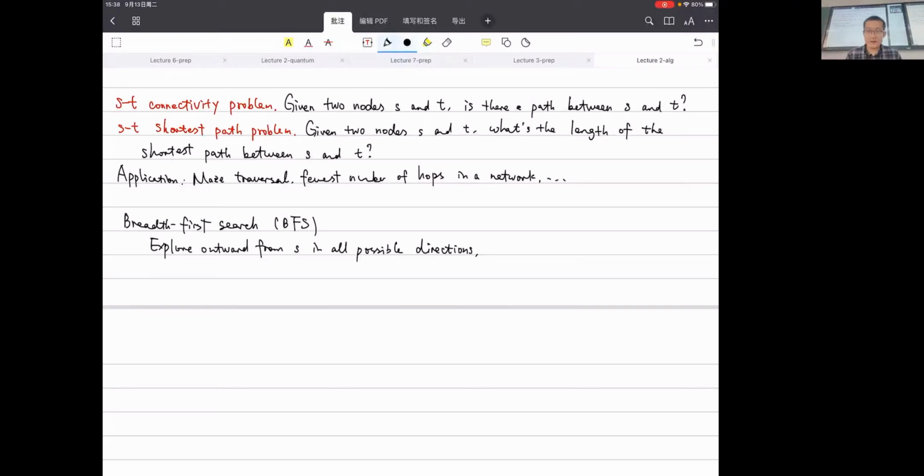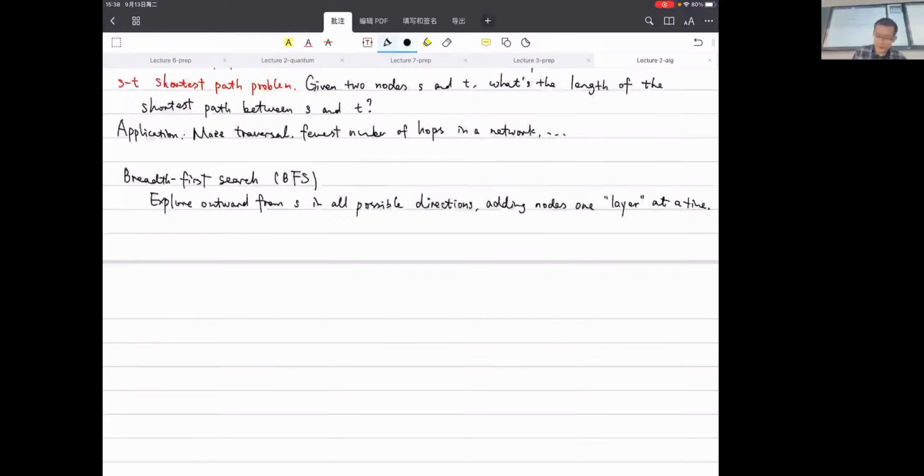This all possible directions is the meaning of breadth first search. We are making the breadth our first priority, and we are going to add in nodes one layer at a time. What do I mean by that?